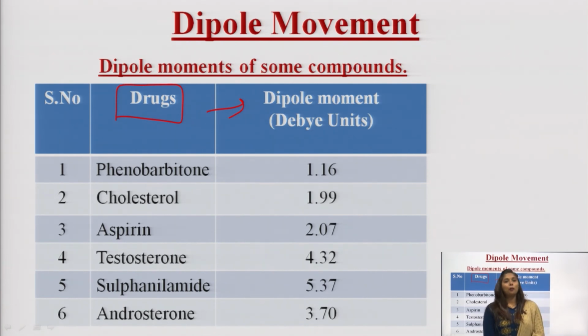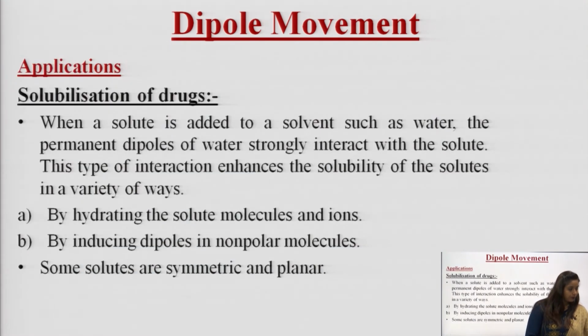The dipole moment in Debye of the first drug, phenobarbital, is 1.16. Cholesterol has 1.99, aspirin 2.07, testosterone 4.32, sulfanilamide 5.37, and androsterone 3.70. Clear? So, these are the dipole moments of some drug compounds.